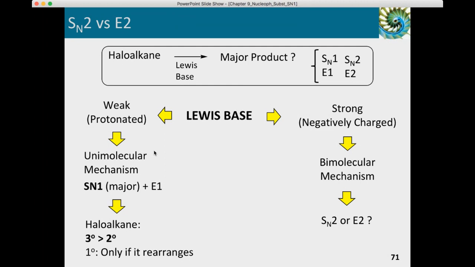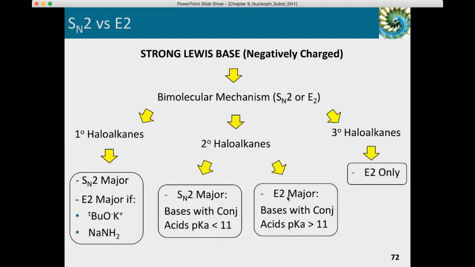Okay, so as a summary of this, you first focus on the Lewis base. If the Lewis base is weak, you're going to think about a unimolecular mechanism in which both SN1 and E1 are coexisting, SN1 being the major. If you have a strong Lewis base, you must think about a bimolecular mechanism, SN2 or E2, and in that case, the nature of the haloalkane will determine whether SN2 or E2 will be the major product of the reaction.